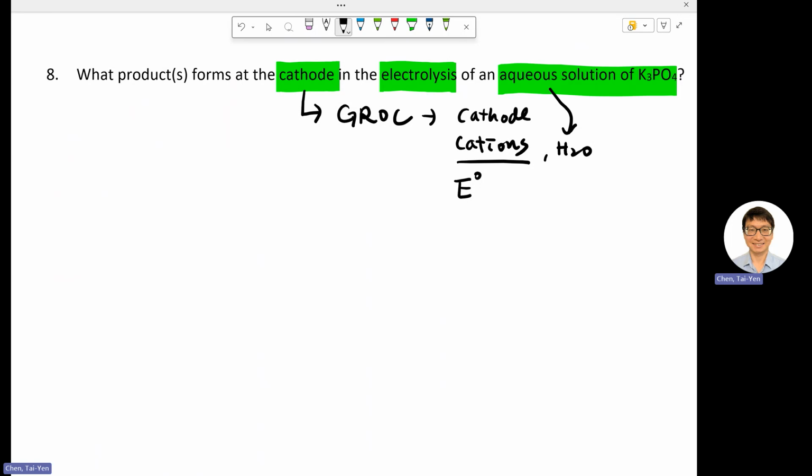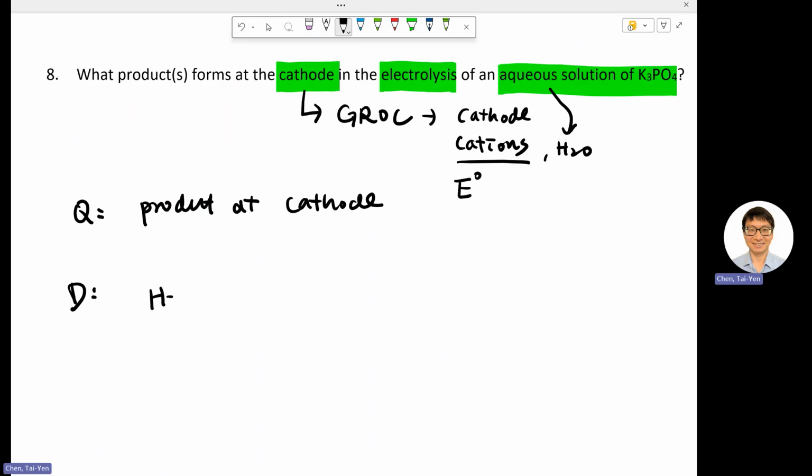Okay, so let's do the first line, and then we can actually do the Q. We want to know the product at the cathode. Since we only care about cations and water, we can write out the water.